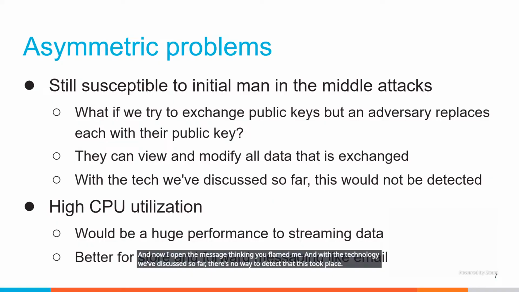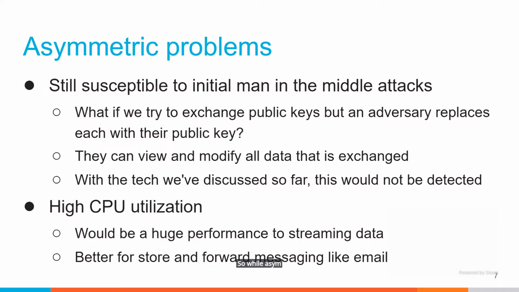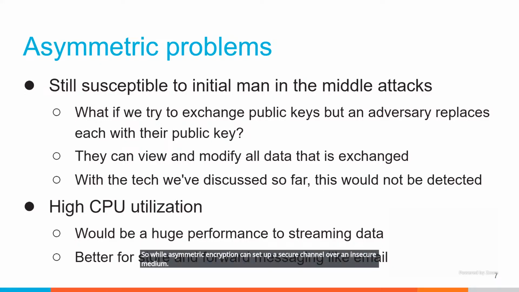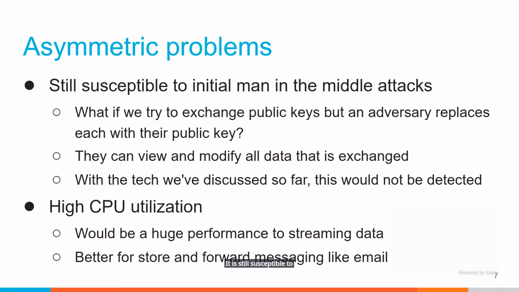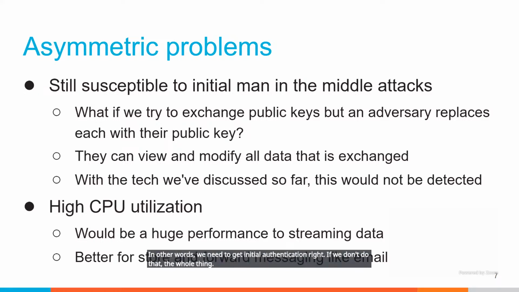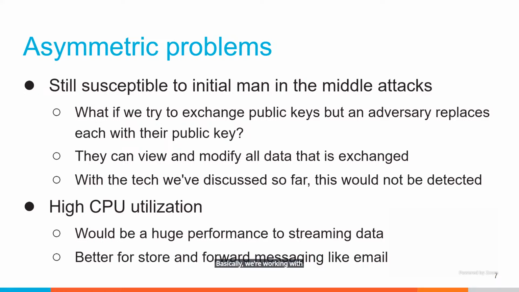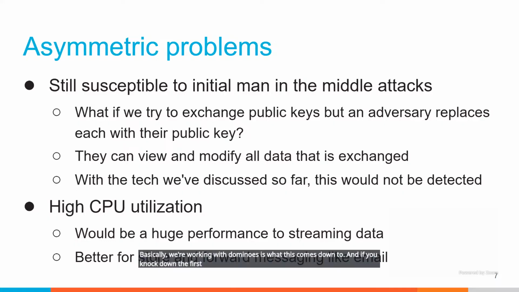So while asymmetric encryption can set up a secure channel over an insecure medium, it is still susceptible to initial man-in-the-middle attack. In other words, we need to get initial authentication right. If we don't, it's basically dominoes: if you knock down the first domino, all the dominoes fall apart after that, right?